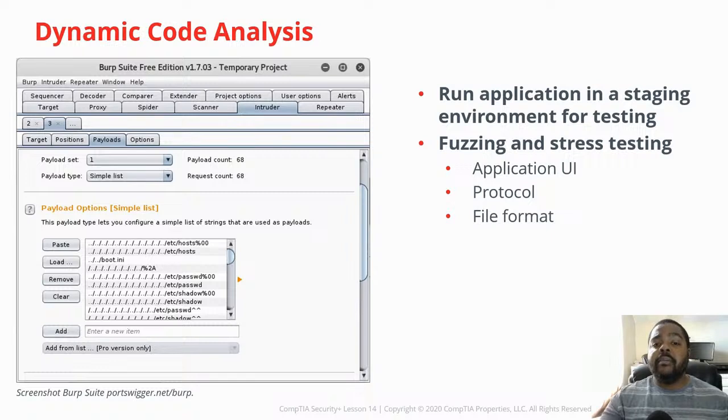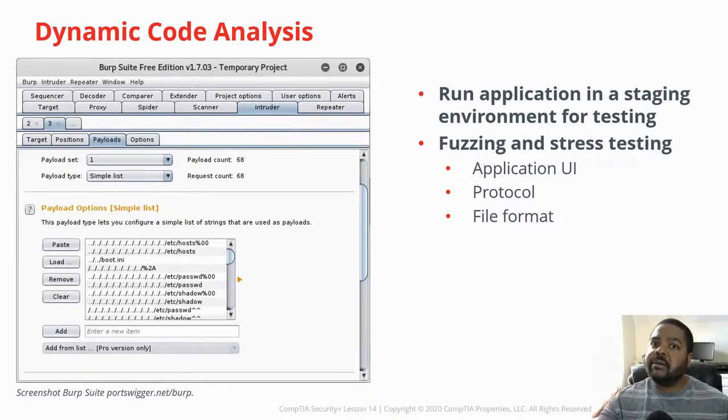See how it actually reacts to those attacks. How would it react? Will it give out information? Is it something that we need to change before we put it into production?